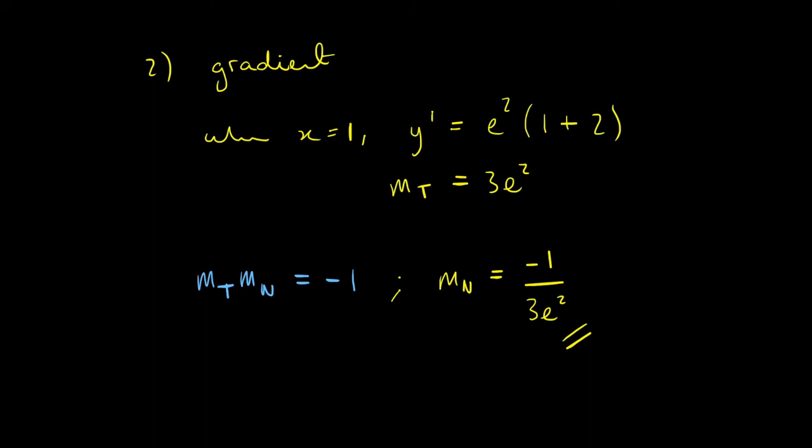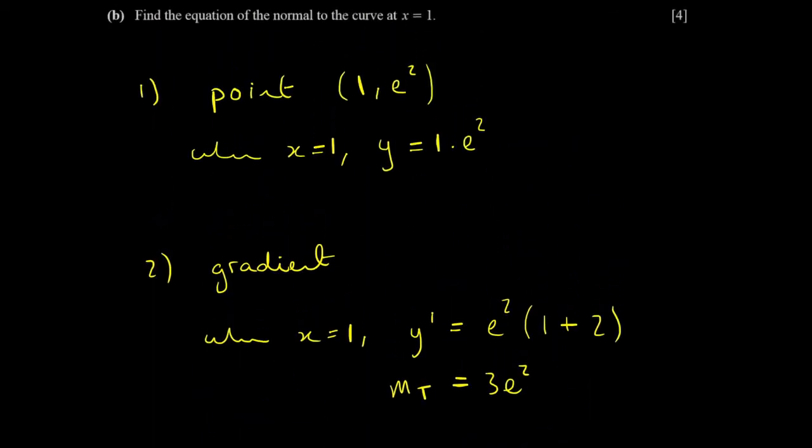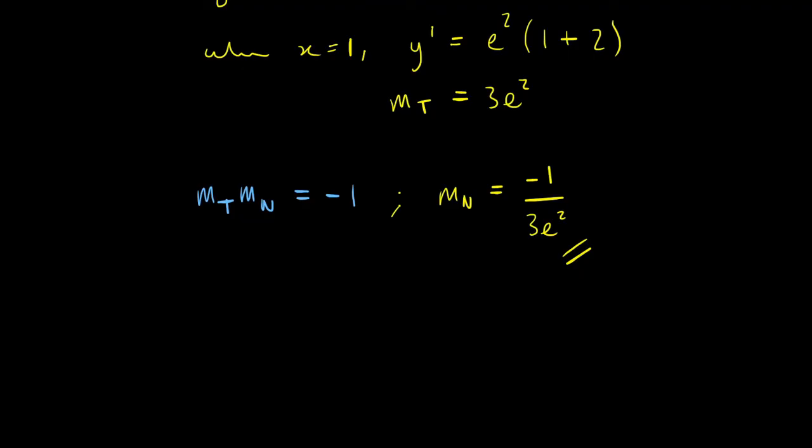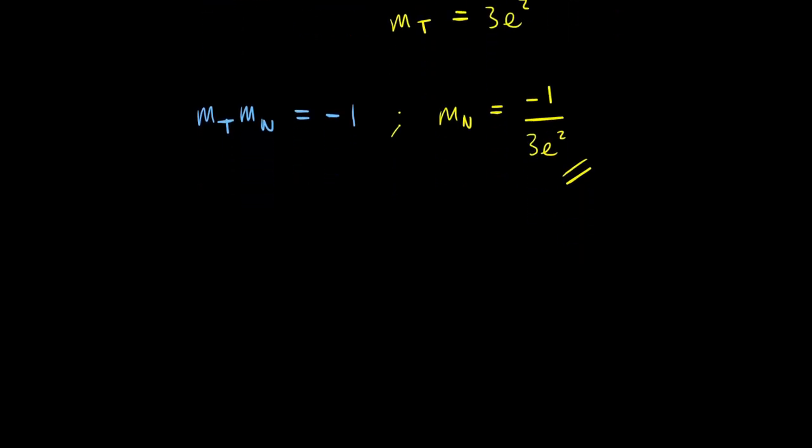Okay, so now I've got my coordinate point, (1, e to the power of 2), and the gradient of the normal, -1 upon 3e squared. So now I need to substitute into the formula for the equation of a line: y minus y1 is equal to m(x minus x1), right?